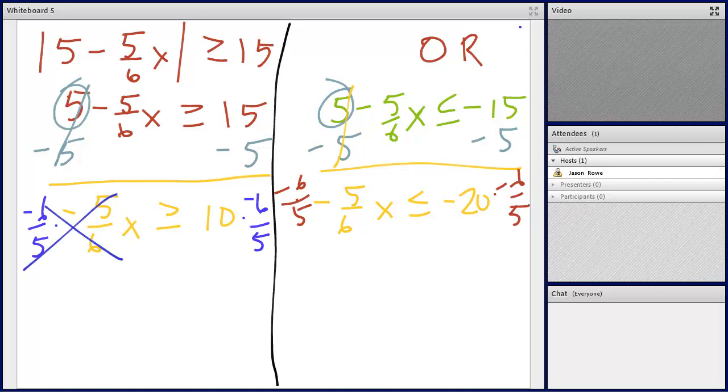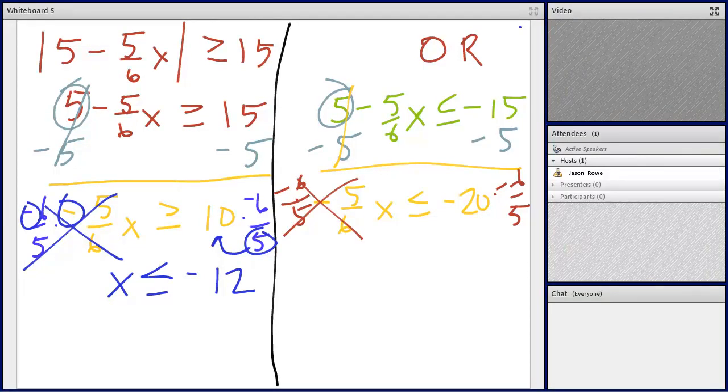So remember, these cancel because I multiplied by a negative. This symbol is going to flip. And what do I do with this? Well, 5 goes into 10 twice. 2 times negative 6, negative 12. So that's less than or equal to negative 12.